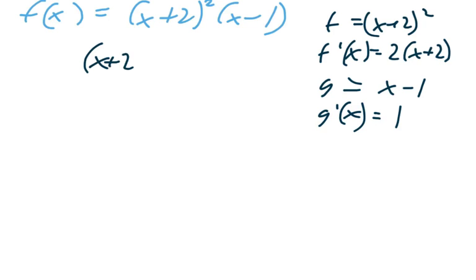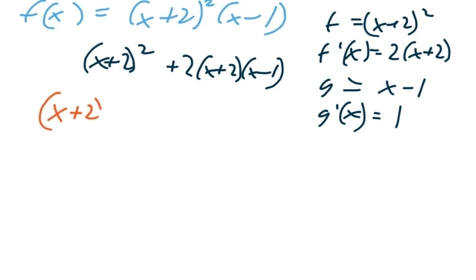So I got (x plus 2) squared plus 2 times (x plus 2) times (x minus 1). Once again, like in the other problem that we did similar, they have an x plus 2 in common. The first part has an x plus 2 left. The second part, if that's gone, has 2 times (x minus 1).